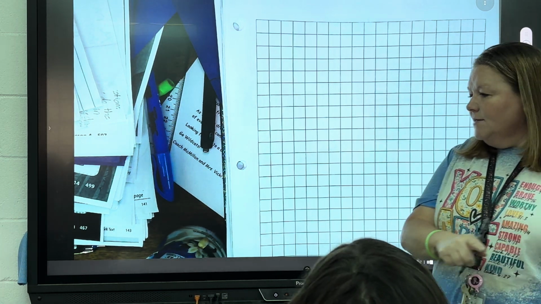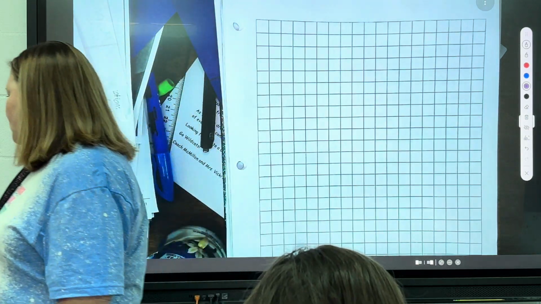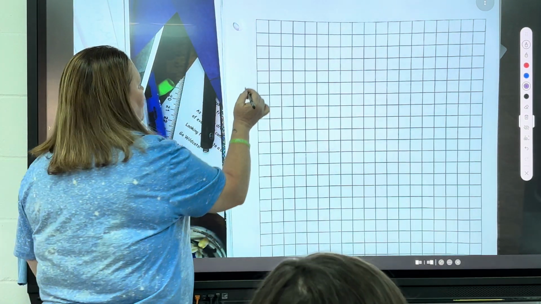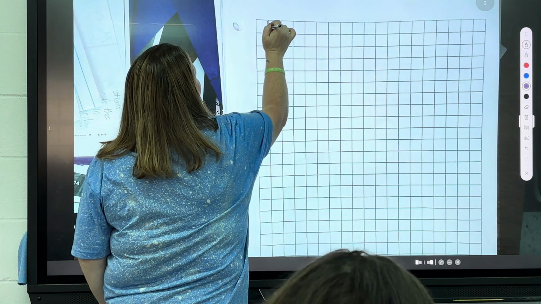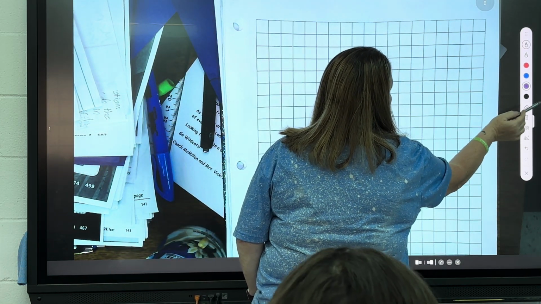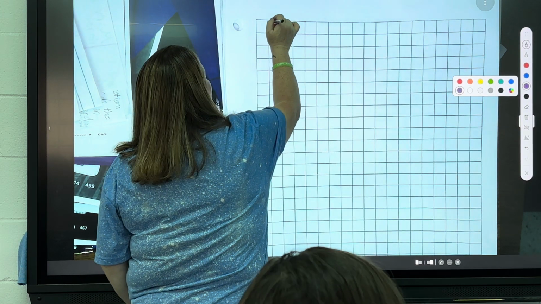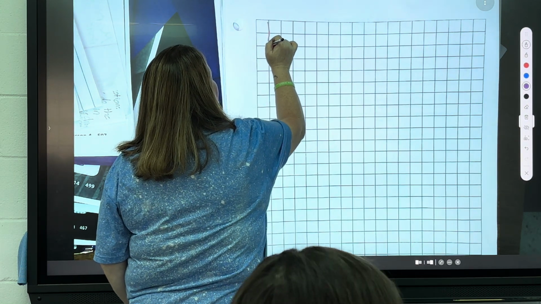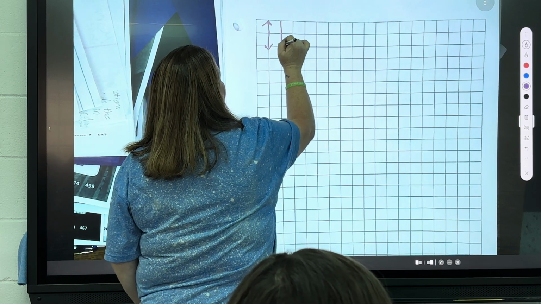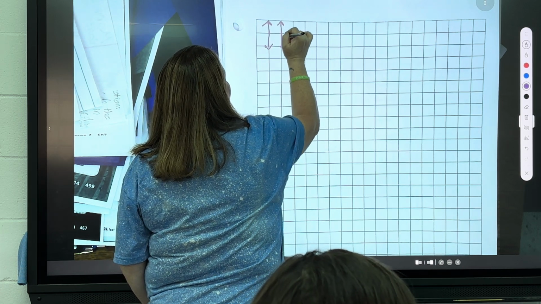Okay, so the next thing that I put is our types of lines. Parallel, perpendicular, intersecting. What does parallel lines mean? They never intersect. They stay the same distance apart at all times.